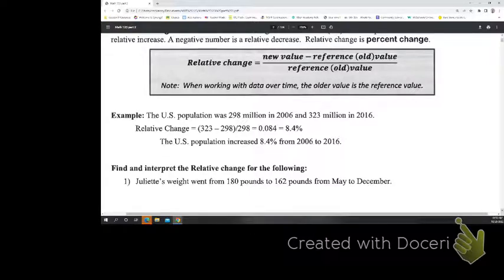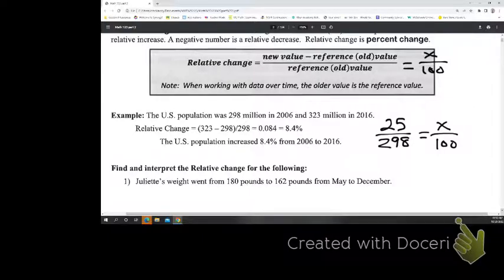So the 25 million, or just 25, over 298, because 298 was the older number, we divide it, and then we can move that over to make it a decimal. You can also do 25 over 298, x over 100. Okay, so instead of dividing and then moving the decimal, if you like your percent using the proportion, it's basically just adding that to it to change it to the percent.